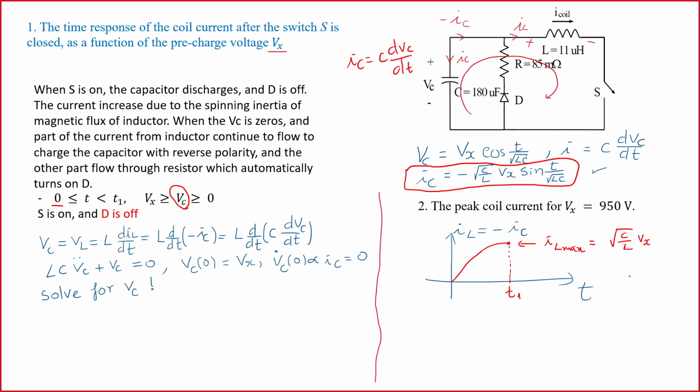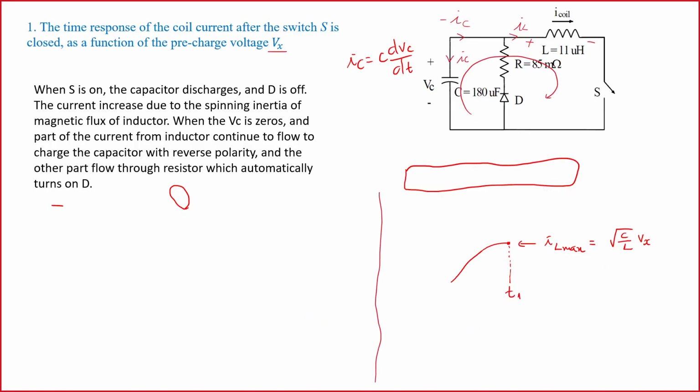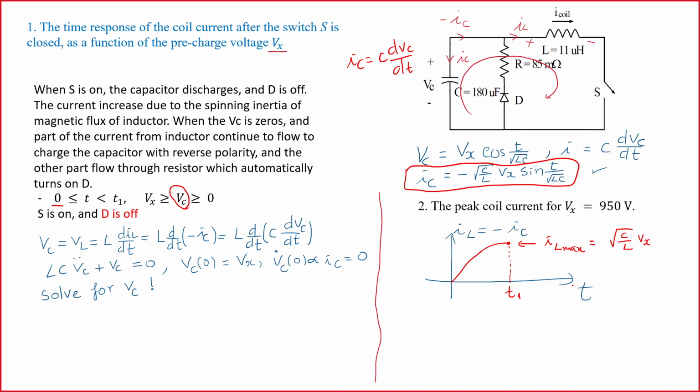So is it okay, Vandana? Yes, teacher, it's okay. Alright, then question number 3. I guess the compulsory is peak time, right? Yes, the time T1 at which the diode turns on. So how is the diode turned on? When the capacitor voltage drops to 0, there's no potential pushing from the upper part, right?